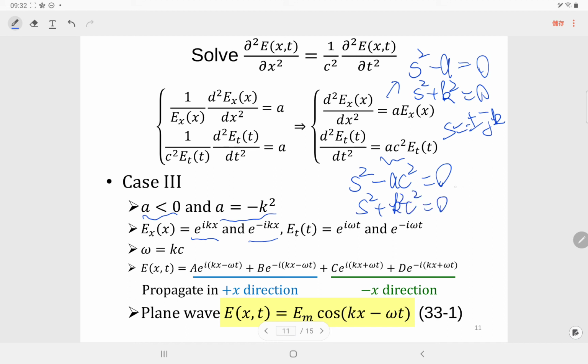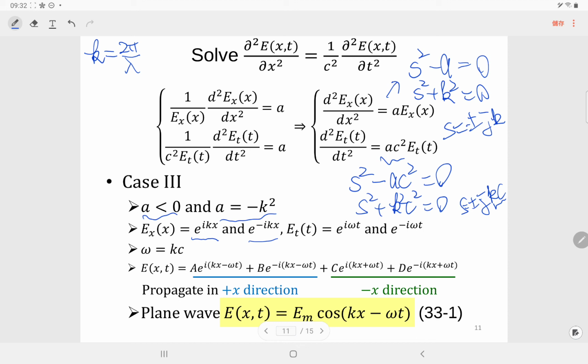So s should be plus or minus j kc. And kc is actually omega. If you still remember, k is 2 pi over lambda, which is the wave number we have learned.